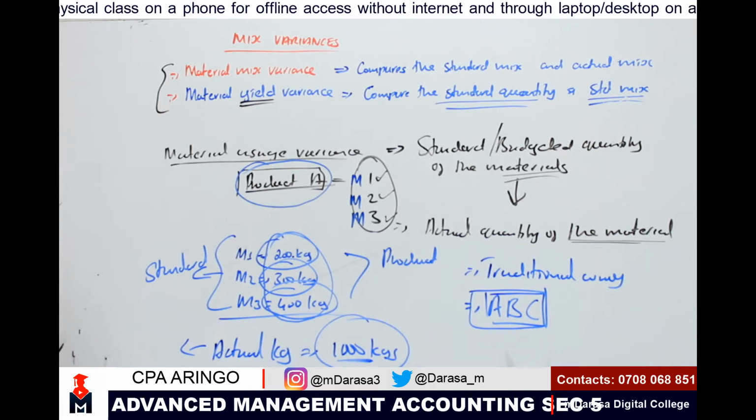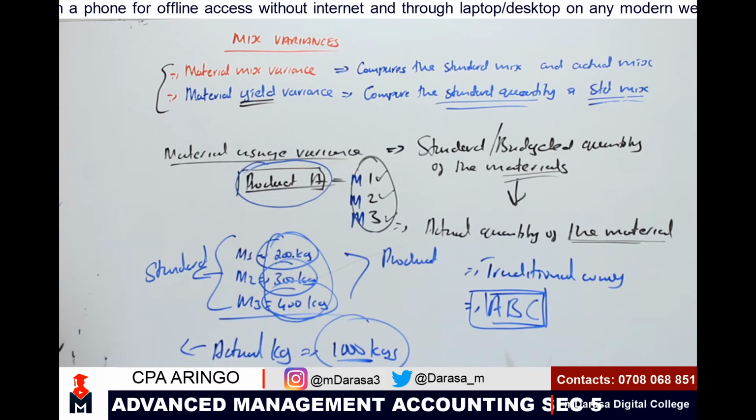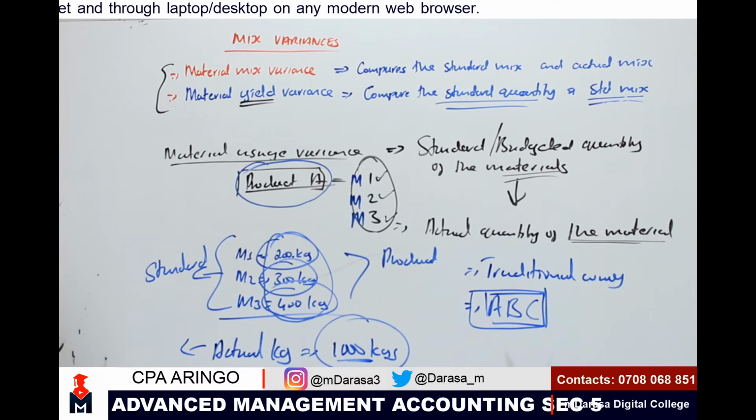For those who have the question, I'm told material usage, material mix, material yield, expenditure variance, and efficiency variance. So that is what I do have.